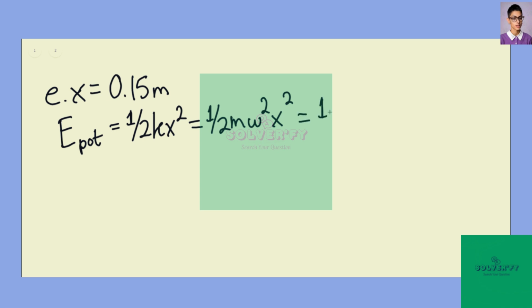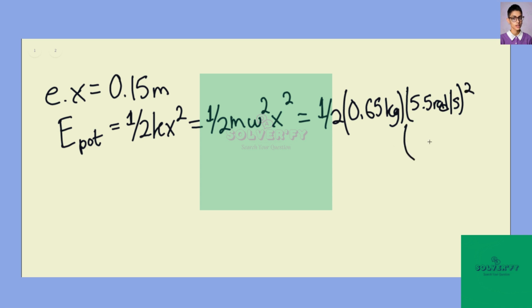So this will be equaling 1/2 times mass, so 0.65 kilograms, times omega squared, so 5.5 radians per second squared, and then this will be multiplied by x squared of 0.15 meters, rather 0.25 meters, squared.